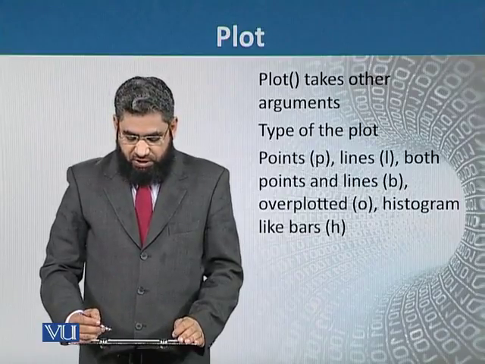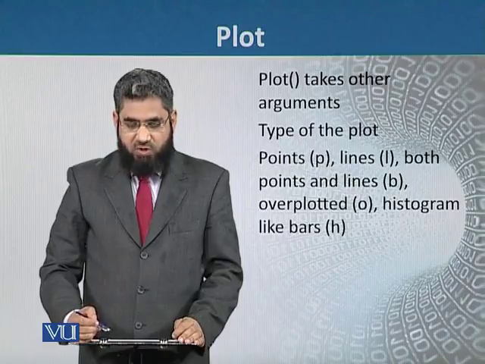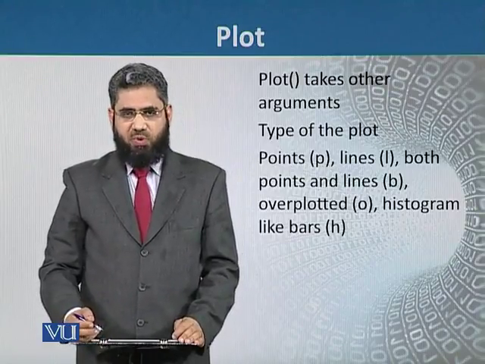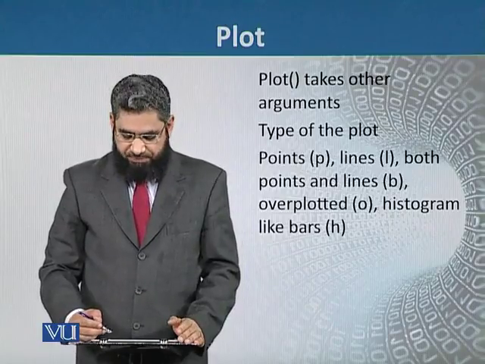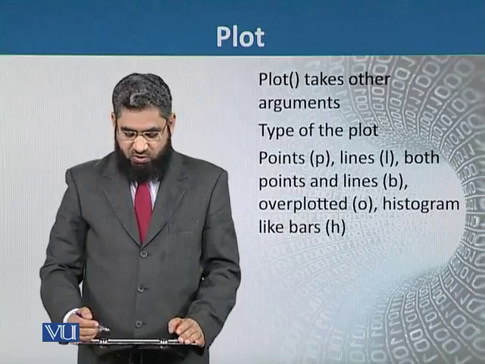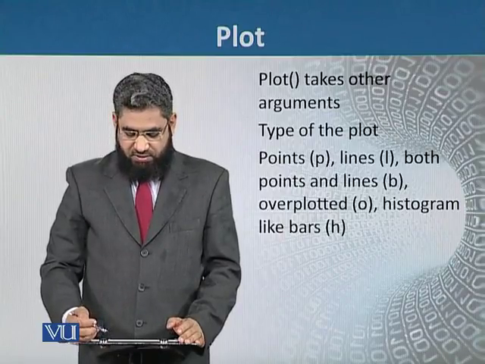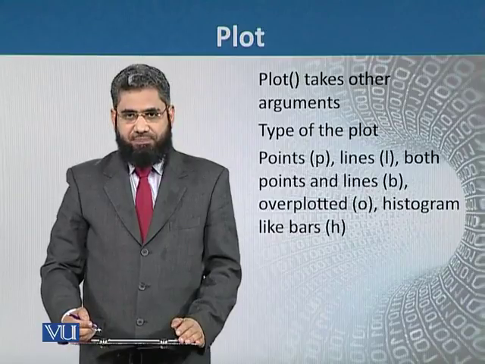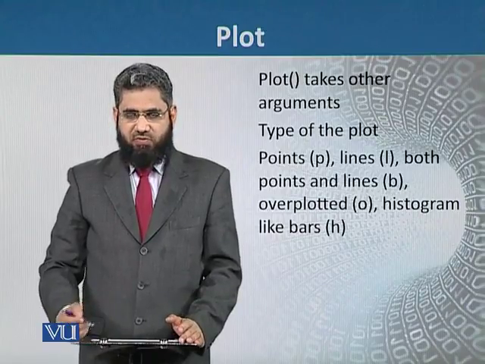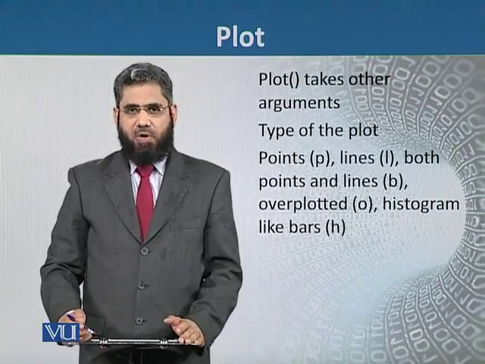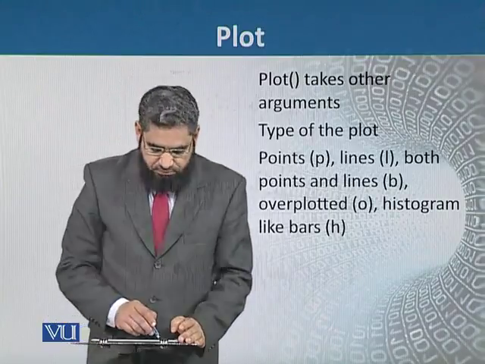Another argument we can use is overplotted. We will see here that the lines and the spots overlap with each other. Then we can use the argument histogram, like bars, and for histogram we use H. We will see these different types of plots after using the type argument.